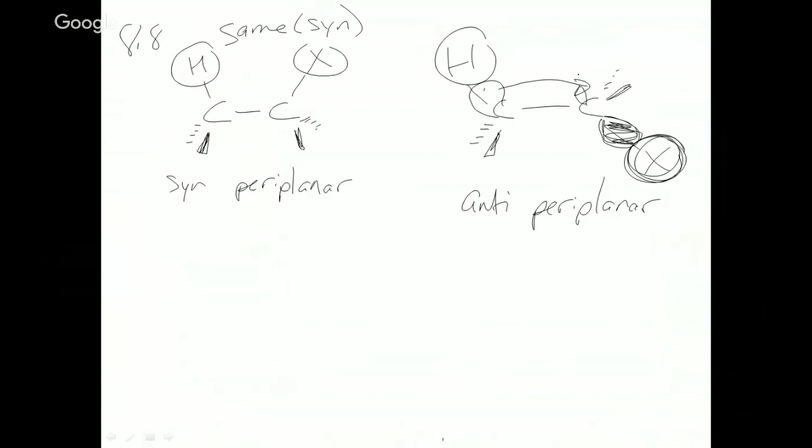We call this the sigma star orbital. So this electron density is donating into the sigma star anti-bonding orbital, similar to hyperconjugation.